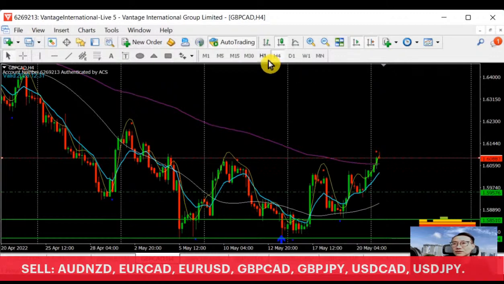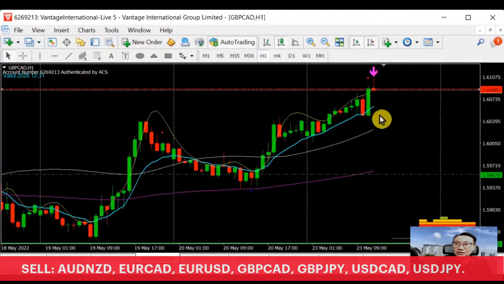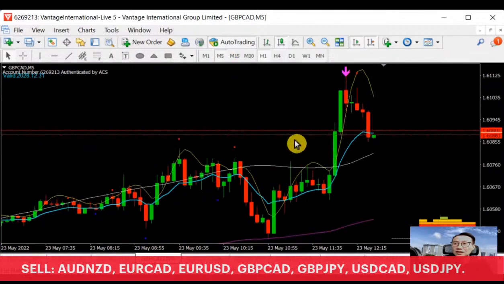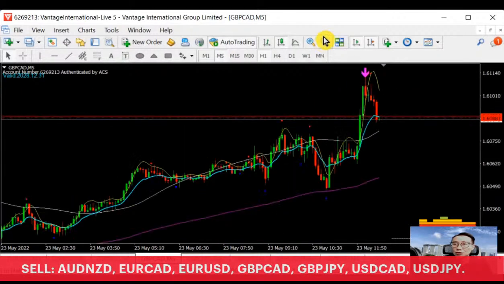Let's take a look at H1. Are we forming a selling candle? Yes, looks good. Now look carefully. The candle came down to meet the resistance, and the previous resistance now becomes a support.